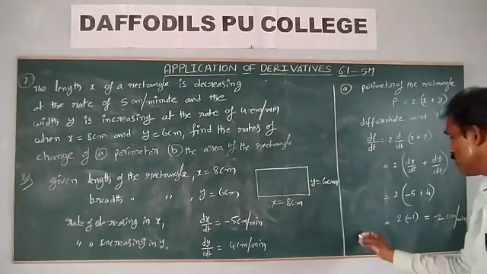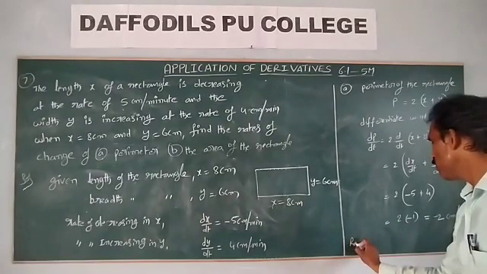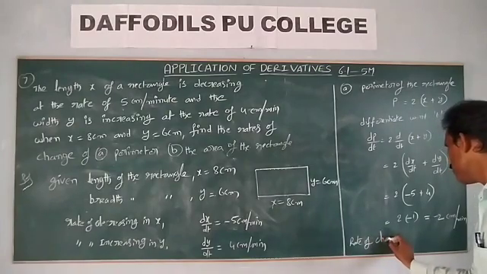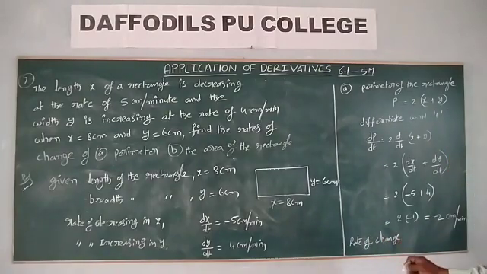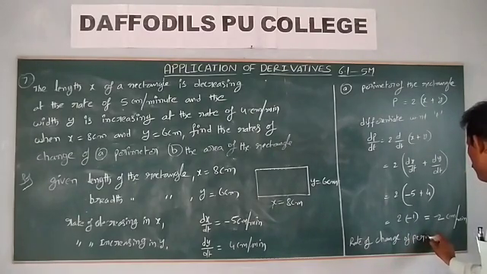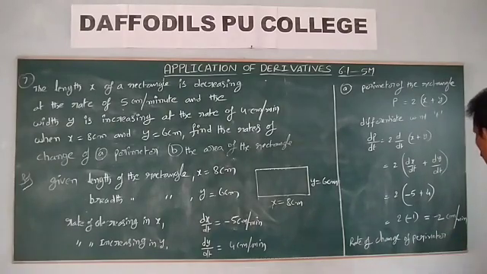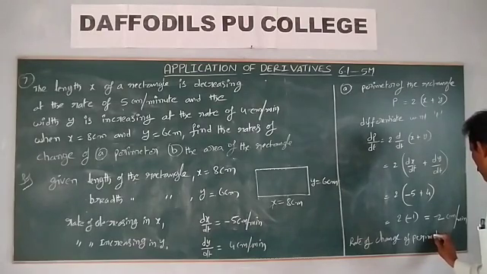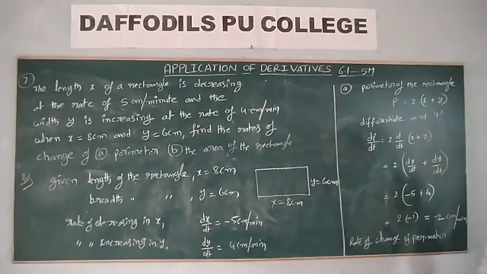Hence the rate of change of perimeter is equal to minus 2 centimeter per minute.